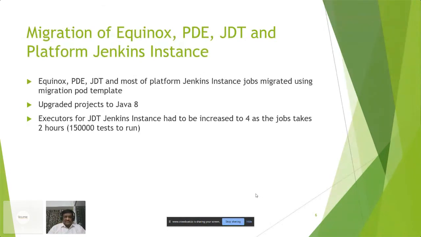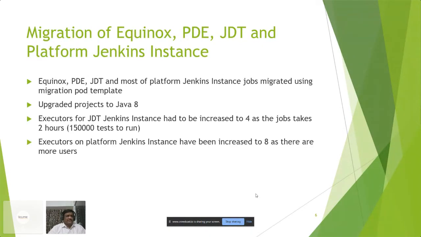So this creates a huge queue in the JDT Jenkins instance. For that, we had to increase executors with IBM sponsorship. The second problem we had was that the platform Jenkins instance has about 16 Gerrit repos being verified, and we have more than 100 committers there.